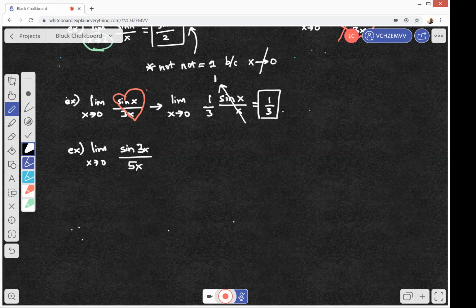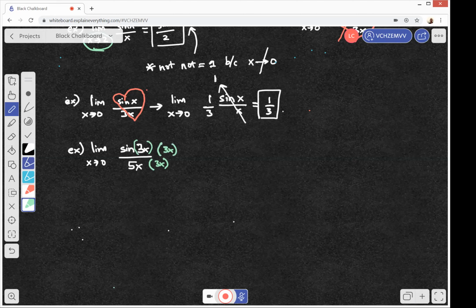So what's missing on the denominator to match with the sine function? What's missing is a 3x, right? Because there's a 3x next to the sine. However, you can't just magically add a 3x on the denominator. So you've got to put a 3x on the numerator.